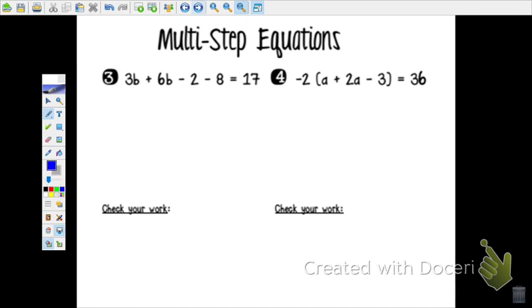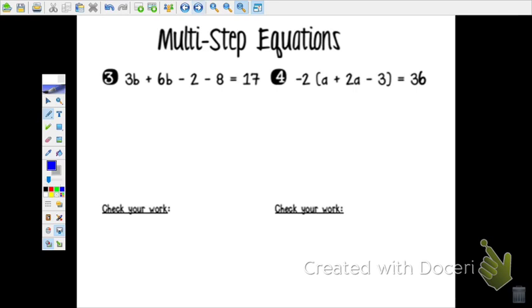These next two problems have a lot more going on on one side of the equation. We're used to having 2 terms on one side of the equation, instead of 4 different terms. So when I look at number 3, before I start solving the equation, I want to clean things up.